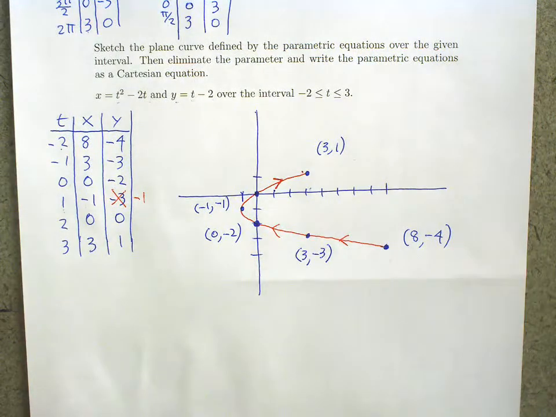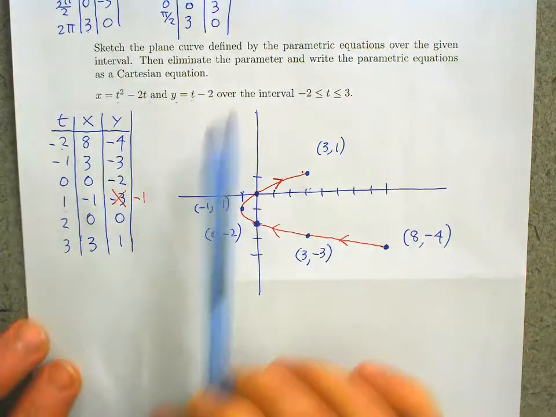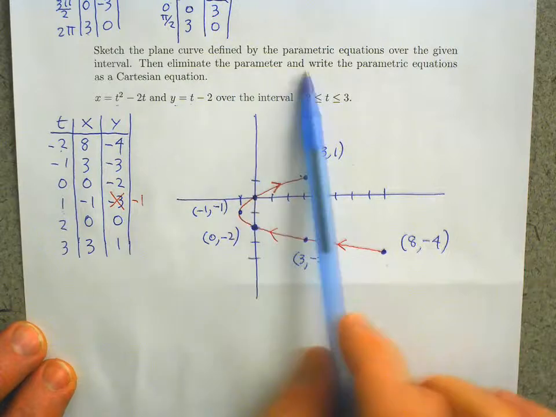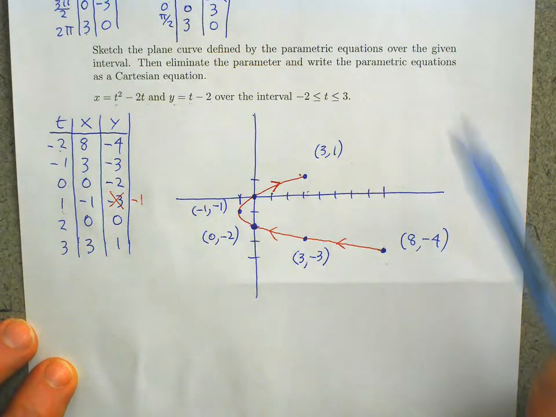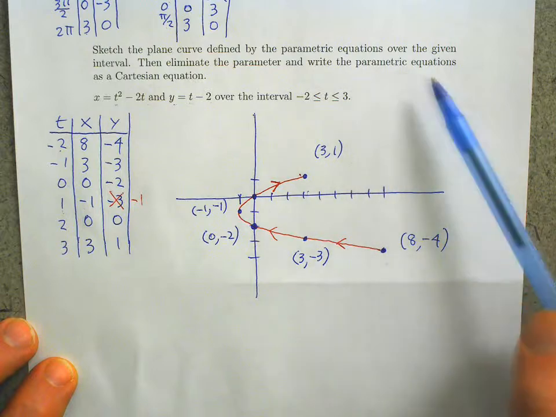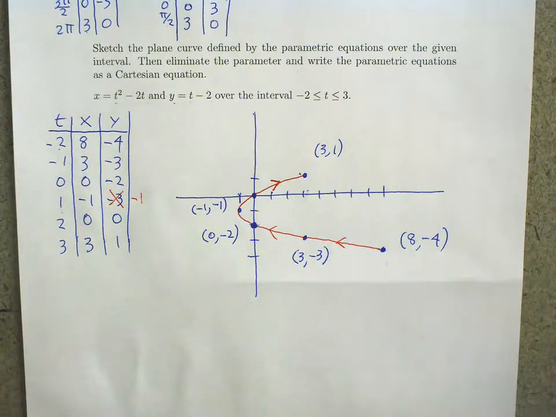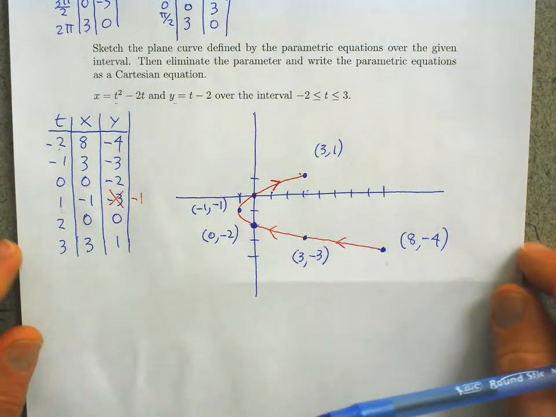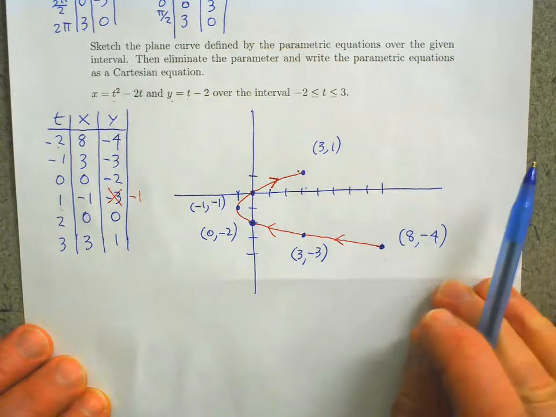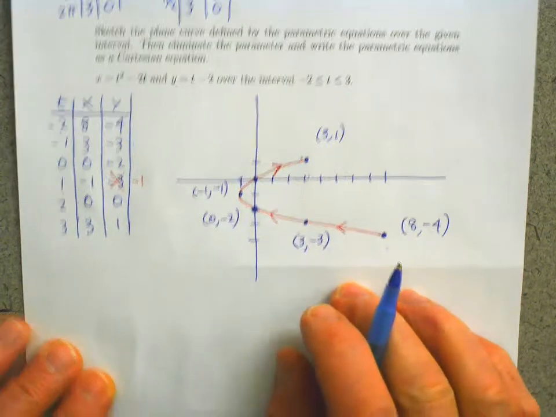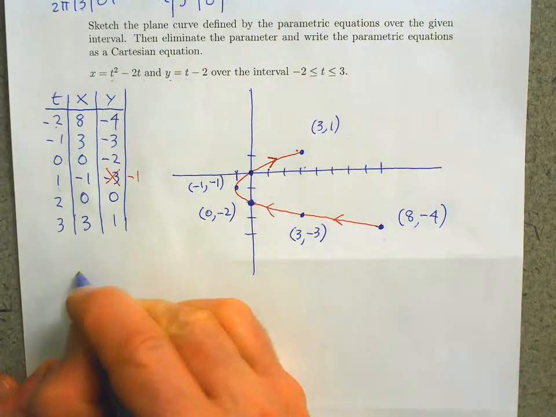Okay, then the second part, eliminate the parameter. The parameter is t, and then write the parametric equations, combine it so it's just a single Cartesian equation. So down here, I'll just rewrite the parametric equations.